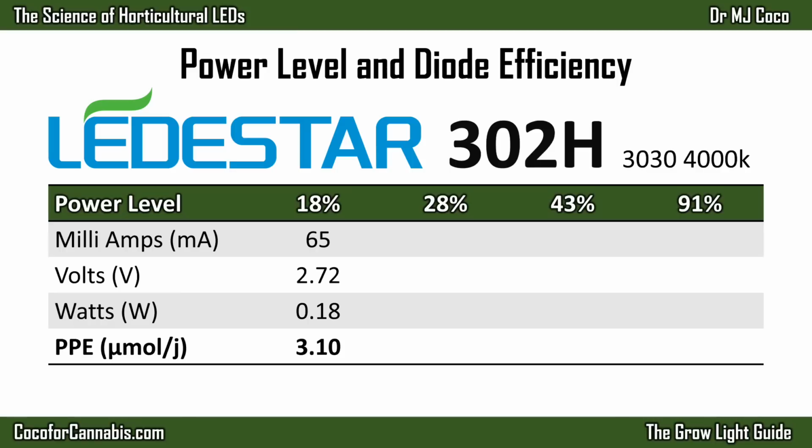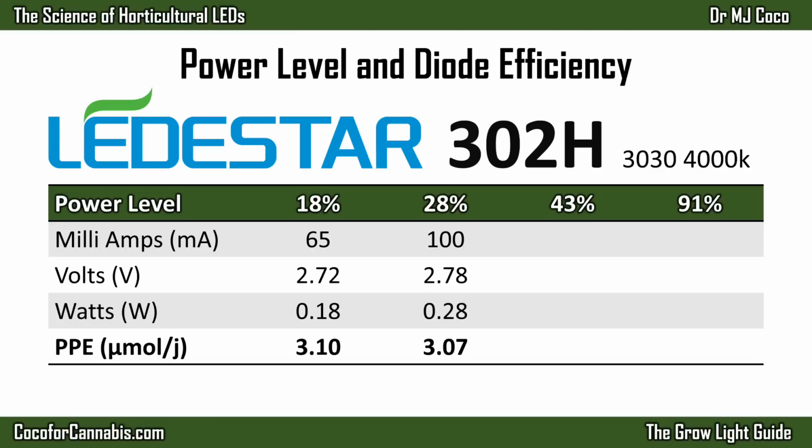Lettistar recommends driving the 302H diodes at about 100 milliamps. At 2.78 volts, that's 0.28 watts, a little over 1/4 of the rated power capacity. The photon efficacy at this power level is still fantastic, 3.07 micromoles per joule.